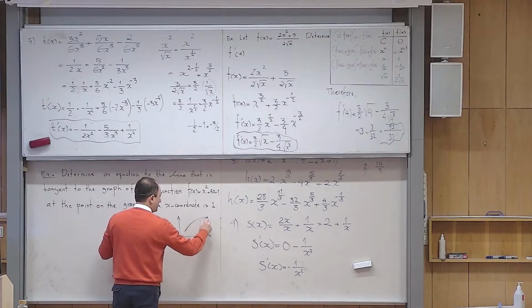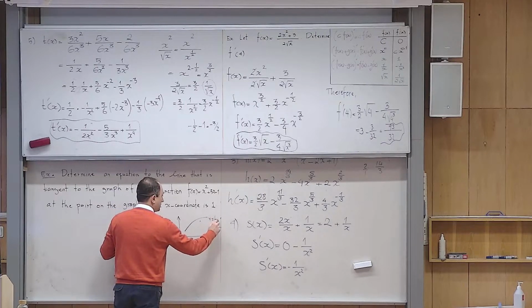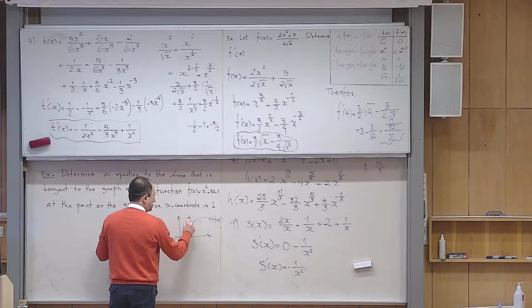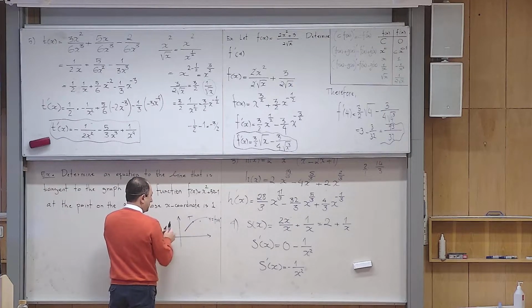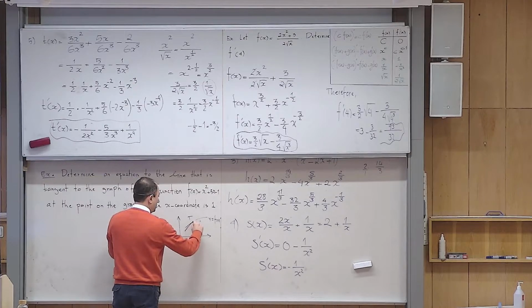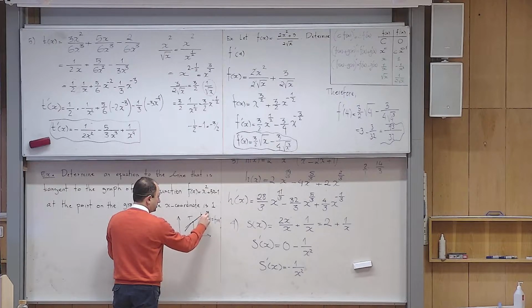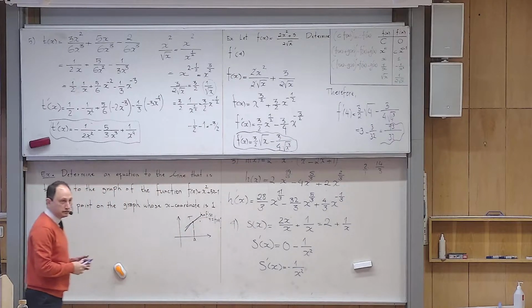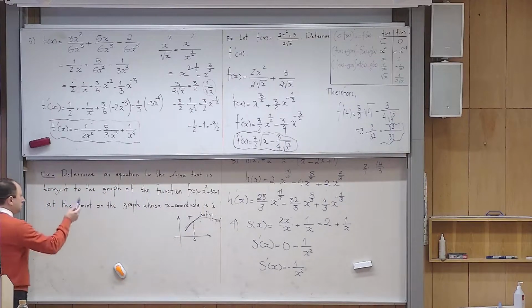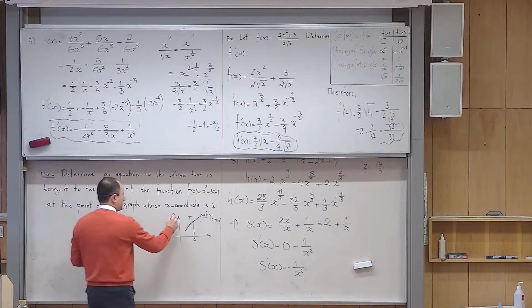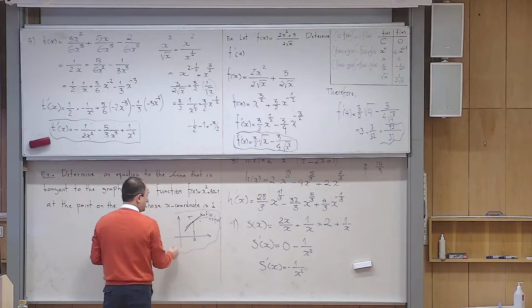If I have a function y equals f of x, and if this point, which I call the point of tangency, I want to draw a tangent line here. If the x-coordinate of the point of tangency is a, the k value is f prime calculated at a. This is just a picture, not for this problem. This is always the case.